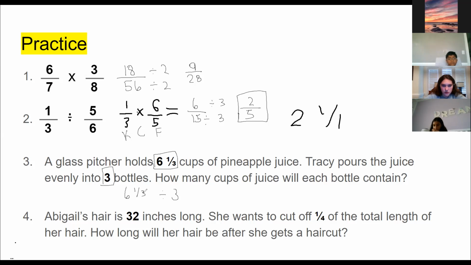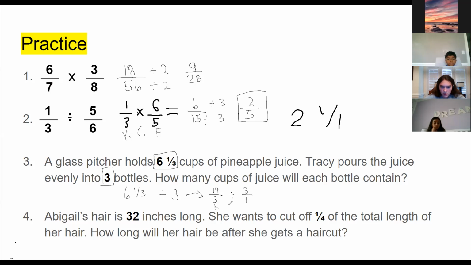So what I usually do to solve this is change them into improper fractions. So 6 times 3 is 18 and 18 plus 1 is 19, because 19/3 is the same as 6 1/3. It's just all on the numerator. And then divide by 3, and instead of just putting 3, you can put 3 over 1 just to make it simple.